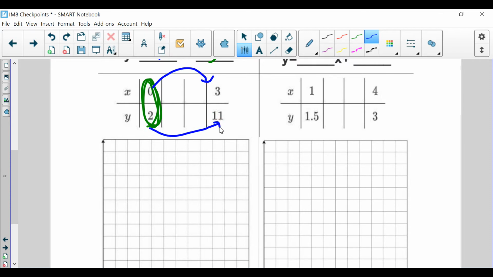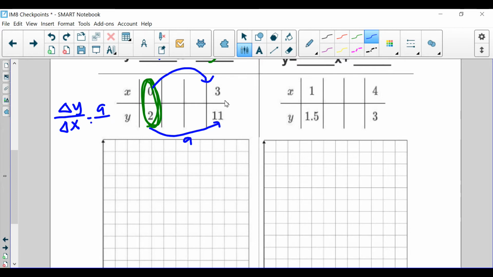So remember, the slope is found by change in y over change in x, where the change in y is going from 2 to 11. What is that change? That change is 9. So we say that change is 9 over 0 to 3.